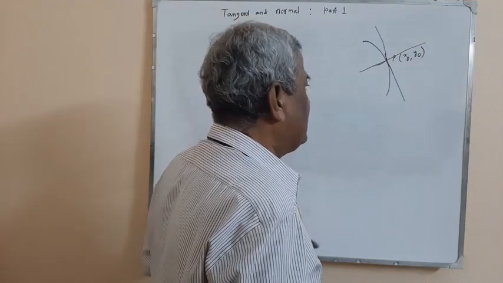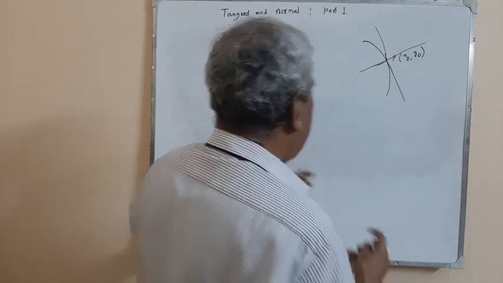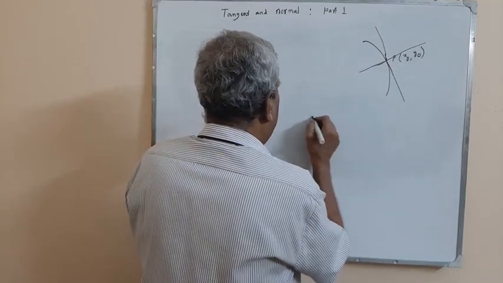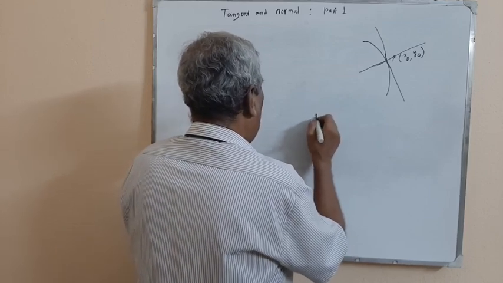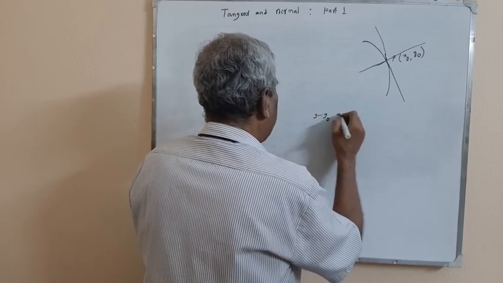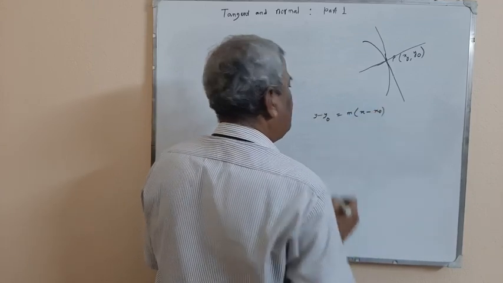As the tangent passes through the point x0, y0, its equation will be y minus y0 is equal to m into x minus x0.